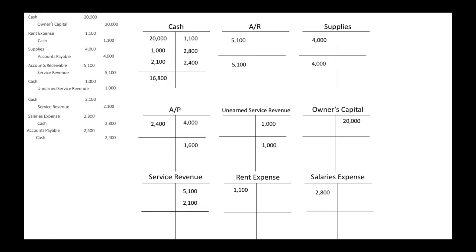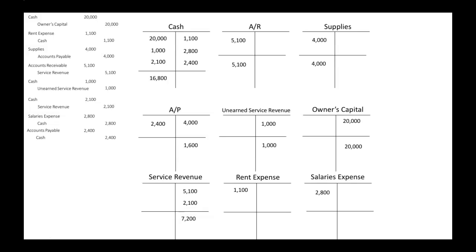Unearned service revenue, just that 1,000 as a credit. Owner's capital, just 20,000 as a credit. Then we get to service revenue. Service revenue, we have 2 credits. If you just have 2 credits or just 2 debits, what you'll do is just add those up. So we could just take 5,100 plus 2,100 and we'll get 7,200.